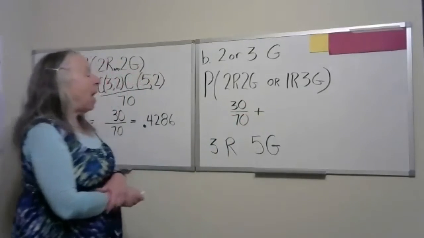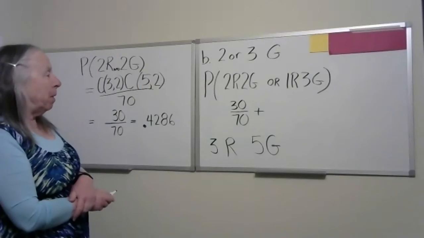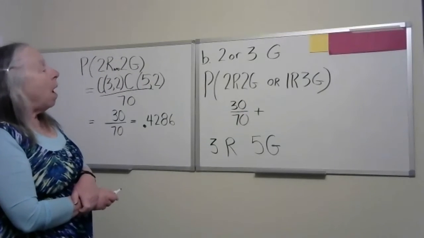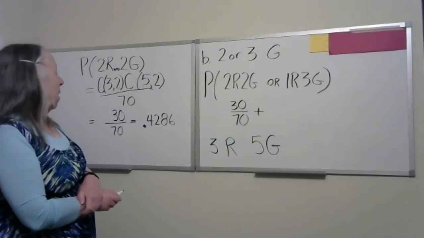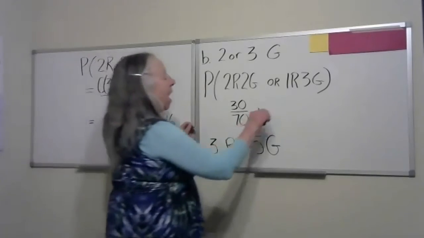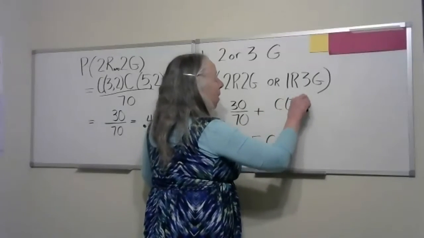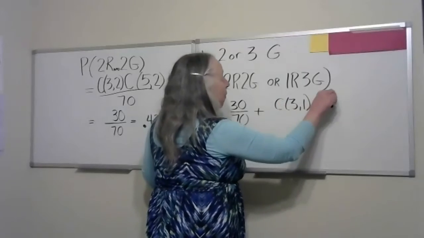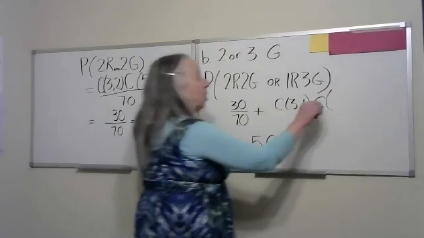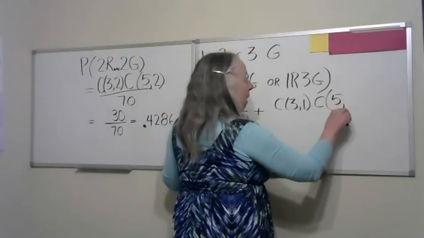Plus, now I have to calculate the probability of 1 red and 3 green. So that means that out of the 3 reds, we're going to choose 1. And out of the 5 greens, we're going to choose 3.